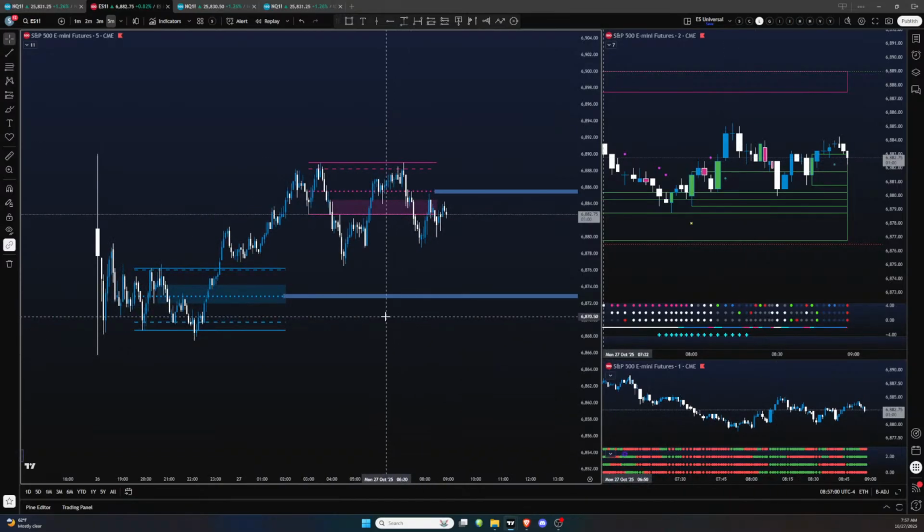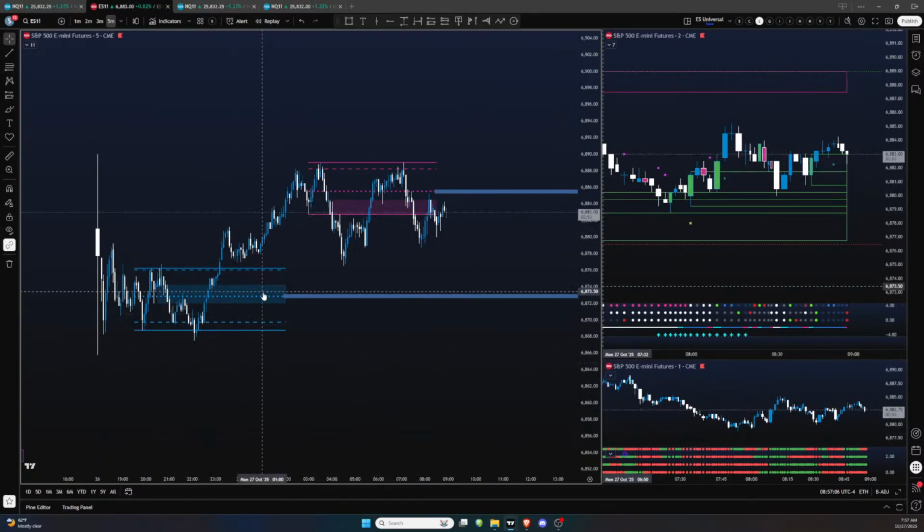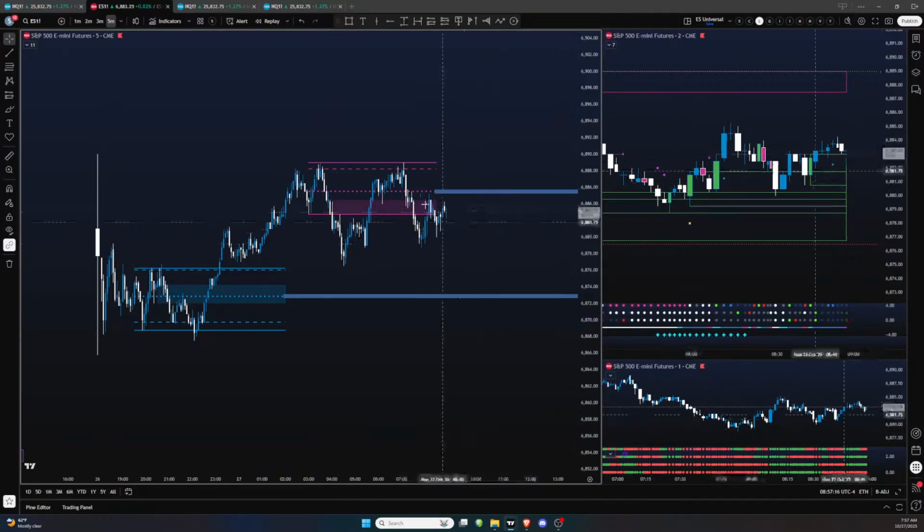Now, I have 17 years' worth of data and a tool based on machine learning that tells me the highest probability of structure that's going to form in that first hour of the New York session opening.